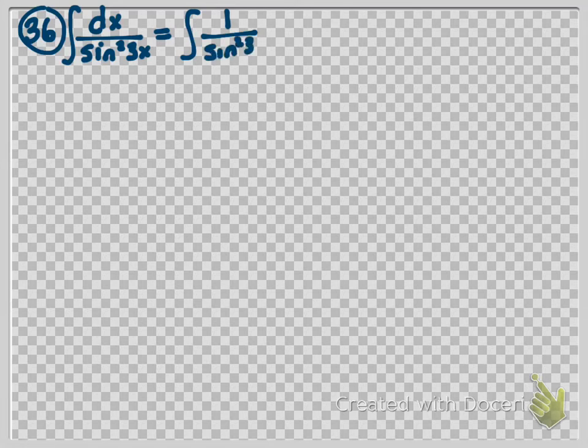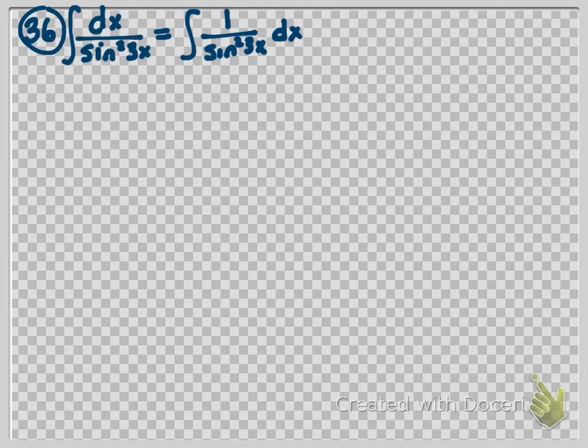If I write that as 1 over sine squared 3x dx, and in fact, I think what we're going to do is back up and redo number 30 for the same reason, so that we can fix the error I made in that problem by trying to push you towards some different problems. All right, so look at your identities.